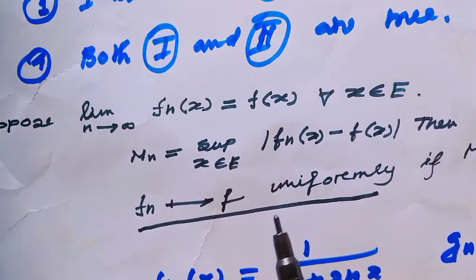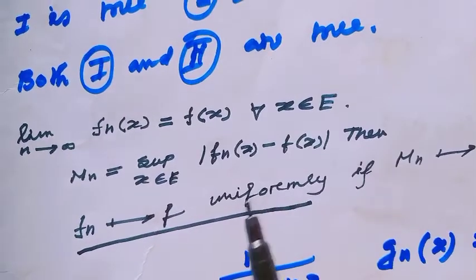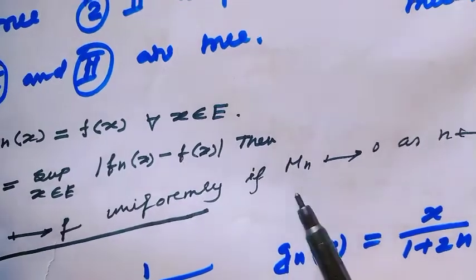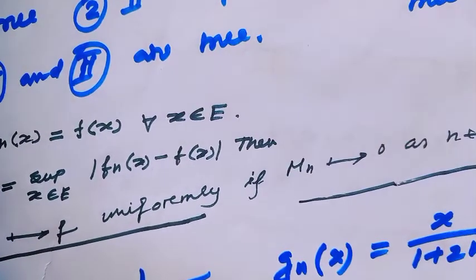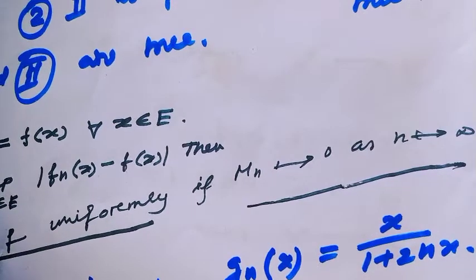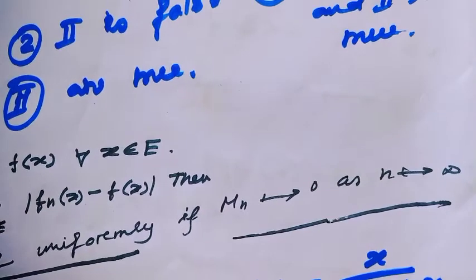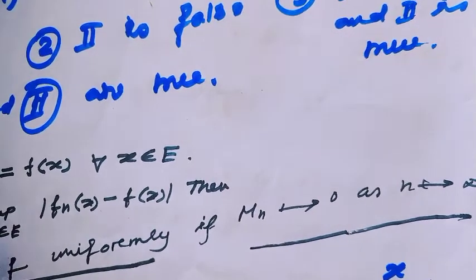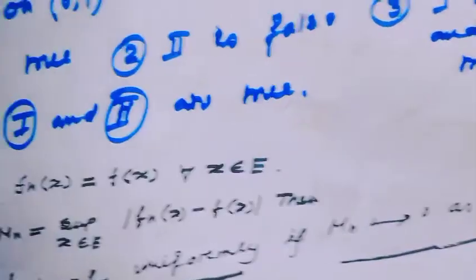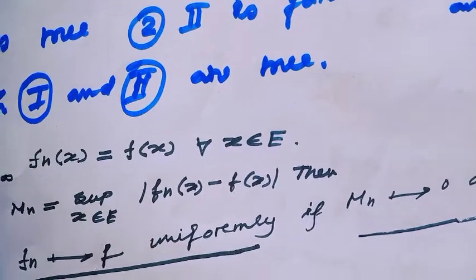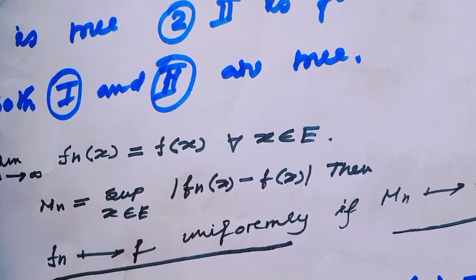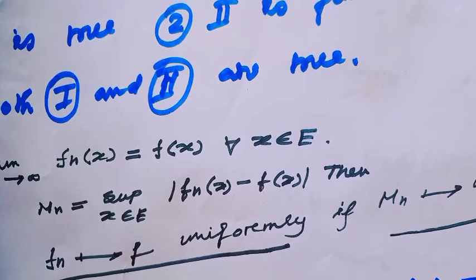Then by the Mn test, f_n converges to f uniformly when M_n tends to 0 as n tends to infinity. Are you getting what the Mn test for uniform convergence is? I highly recommend that if you haven't seen my earlier video about the Mn test, first see that video. Then today's video will be so easy.